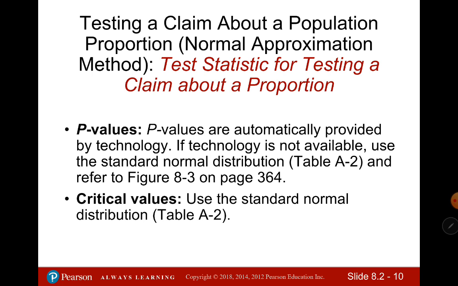Remember, what's the rule? If the p is low, then the null must go. Which means if we get a p-value less than our alpha value, then we will reject our null. So this is the rule for the p-value method.